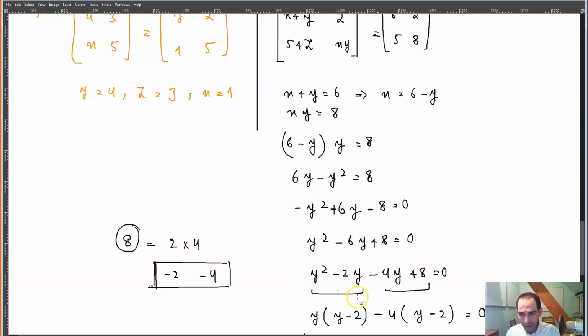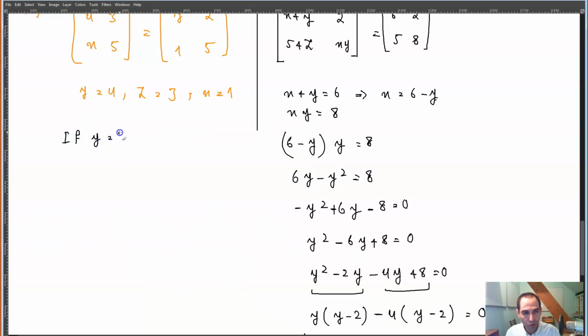Now, I can accept both of the answers, because if y is equal to 2, then x is equal to 4, and if y is equal to 4, then x is equal to 2, right?